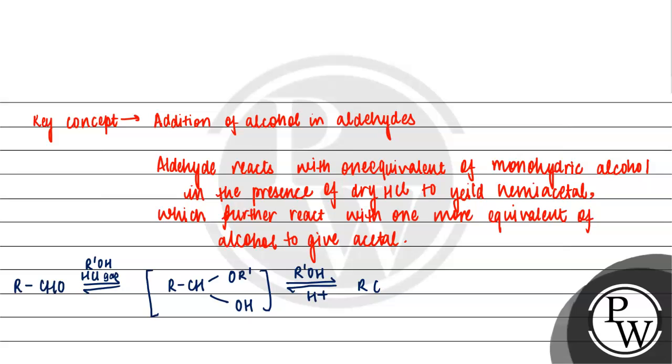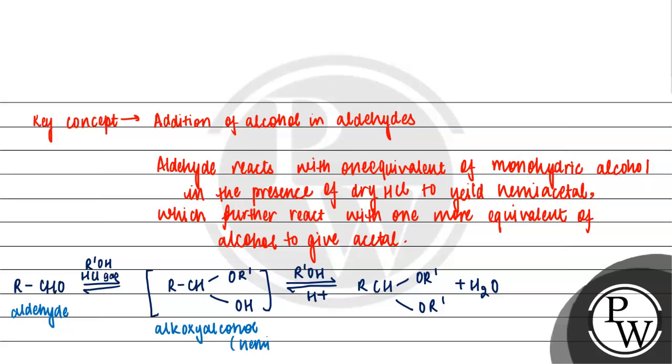Then this hemiacetal is again reacting with R dash OH and H plus ion to give RCH OR dash and OR dash. तो इससे हमारा क्या बन रहा है? ये बन रहा है हमारा acetal. Now let us also write the names of the compound. अगर हम नामवेद की बात करें, this is our aldehyde which is forming the hemiacetal. Hemiacetal is alkoxy alcohol.